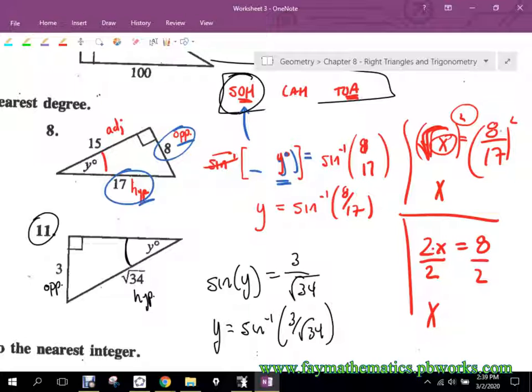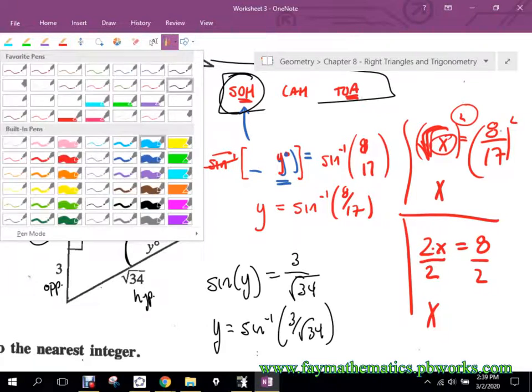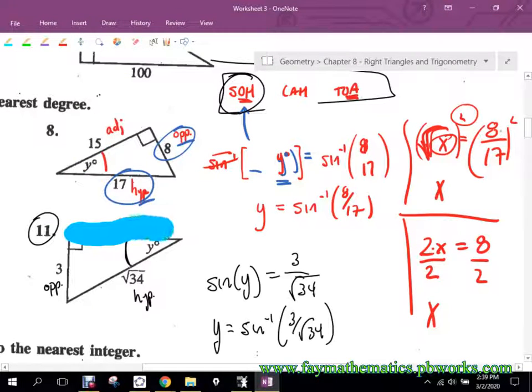Now once we know what y is, we can go find that adjacent side. Okay, I don't know that this would make a whole lot of sense to do, but we could actually find that right now. Do we know 3 and radical 34 are two sides of a right triangle?